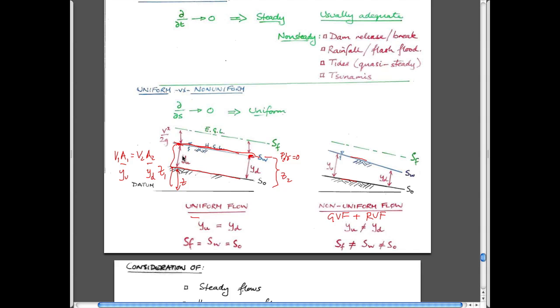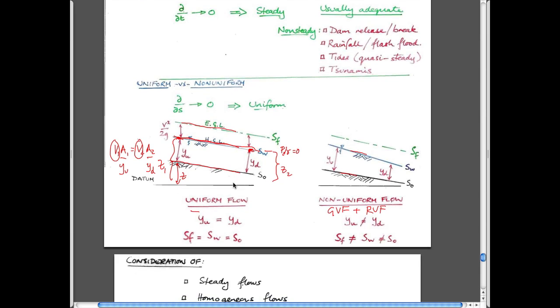If we've said these are both constant, then by definition the velocities have to be constant, and therefore V squared over 2g has to be the same height above this. It's a long way of saying that the energy grade line, EGL, has to be parallel to the hydraulic grade line. The hydraulic grade line is coincident with the surface of the water, and that's also parallel to the bed. So those 4 conditions are basically met, and you see that in that diagram.